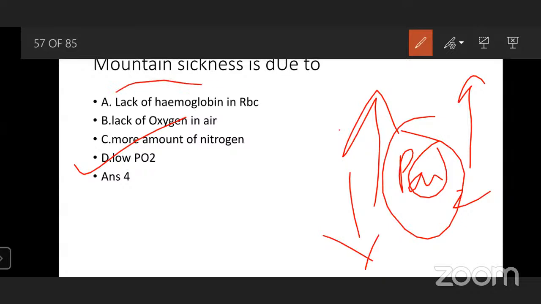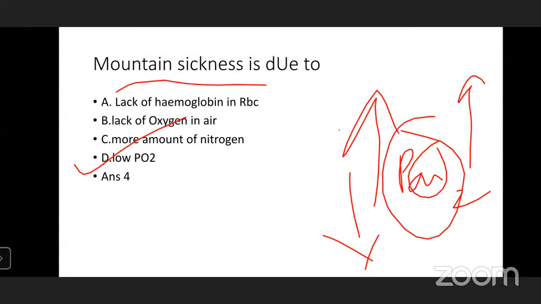We have discussed what mountain sickness is. Due to the less availability of oxygen in the body, those people will suffer from nausea or giddiness. All those are the symptoms of mountain sickness. And after that, their body will get acclimatized by increasing the number of hemoglobin and number of RBC in their blood.